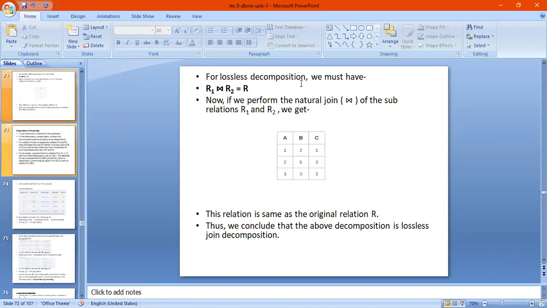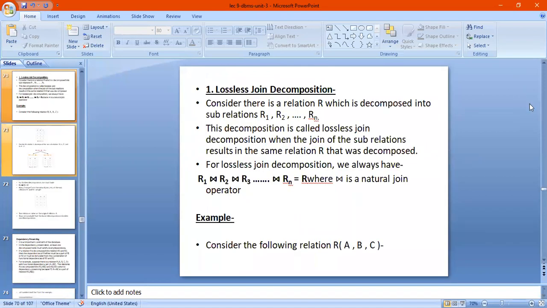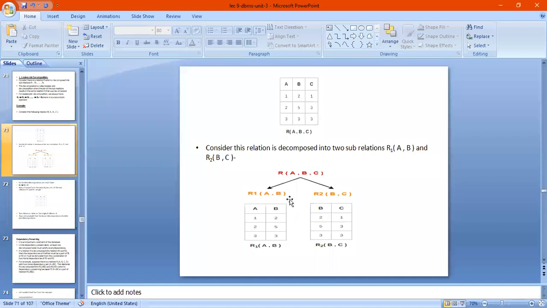For lossless decomposition, we have R1 natural join R2, which results in R.